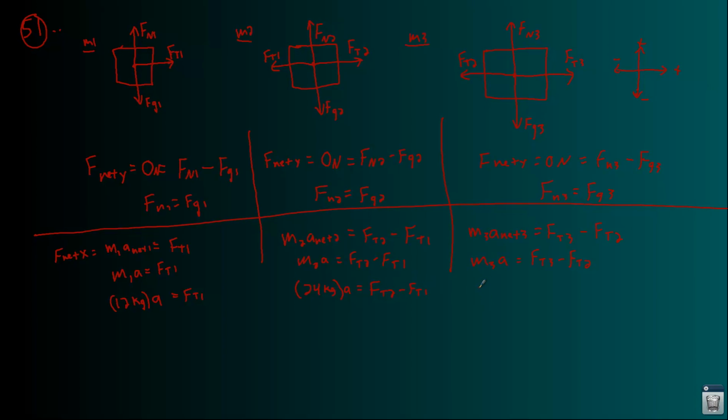And they tell us that M3 is 31 kilograms. And they also tell us Ft3, our pulling force, is 65 newtons minus Ft2. What are we trying to find? We're trying to find in part A the acceleration, A.